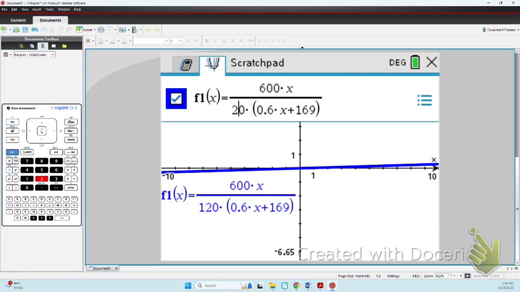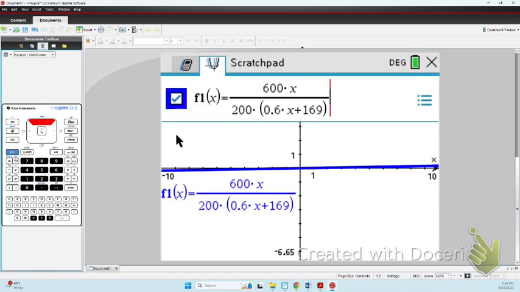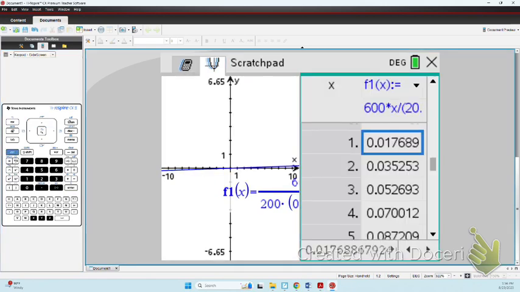So if we change this to 200, you can get a new table. By the way, you hit Tab up, and you can change what you typed earlier. All right? Press Control T, and there is the table for the 200-pound person.